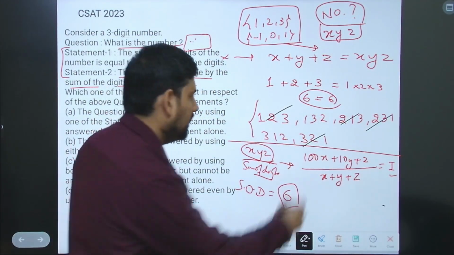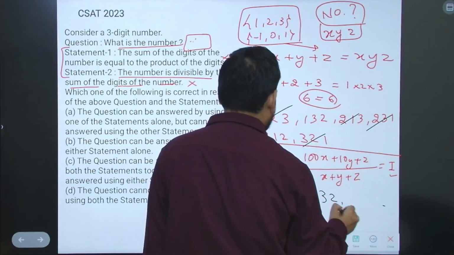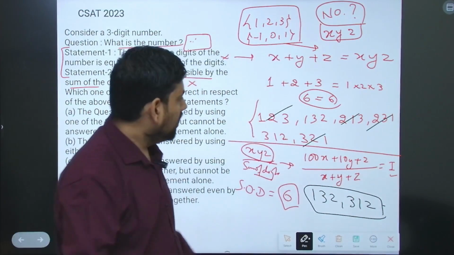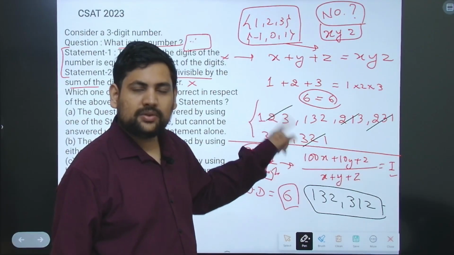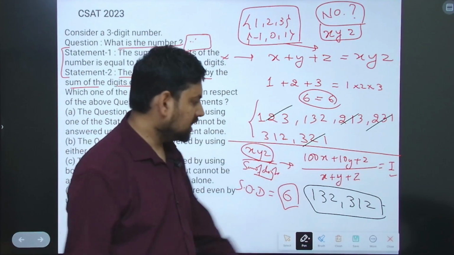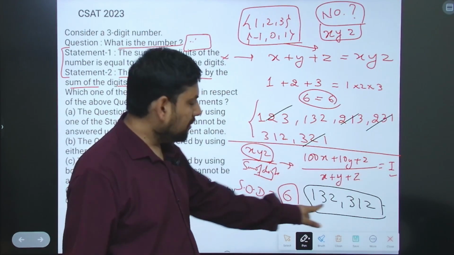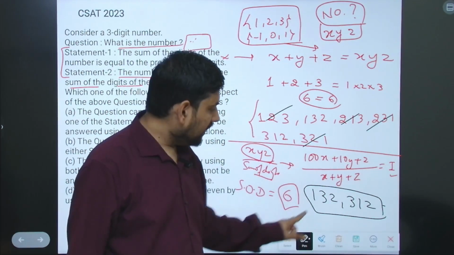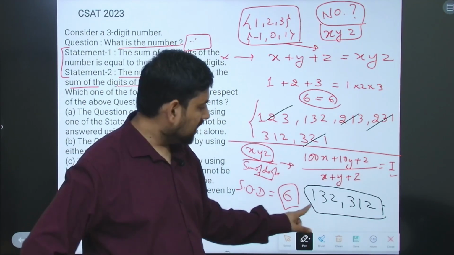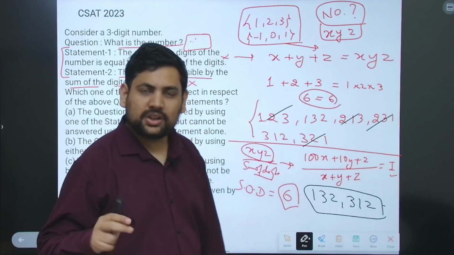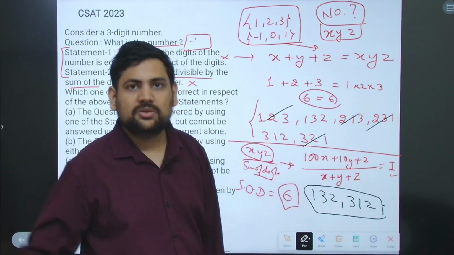Now, these two numbers, 132 and 312, satisfy the first property, the sum of digits equals the product of digits. Yes. Then do they satisfy the second property? Yes. Divisible by their sum of digits, 6, correct? Divisible by 3 and 2. So both properties hold, divisible by 2 and 3 means divisible by 6.